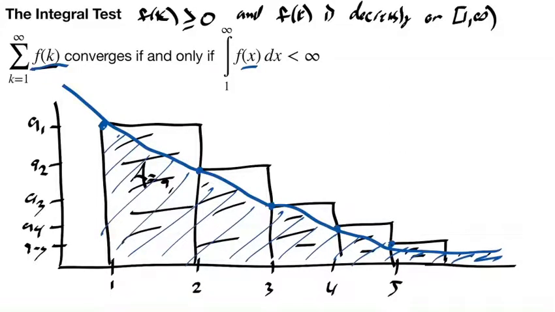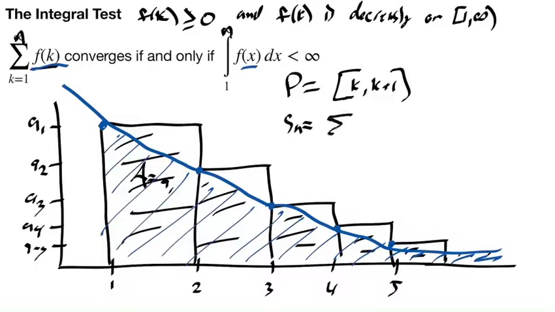We would end up taking each of these sequences and think about the partition that is made up of k and k plus 1. And then instead of going from 1 to infinity, we would go from 1 to n, and the sum from 1 to n. And we'd think of those partitions, k and k plus 1, and then we would compare the value of the series. So S of n is just the sum of f of k times 1.